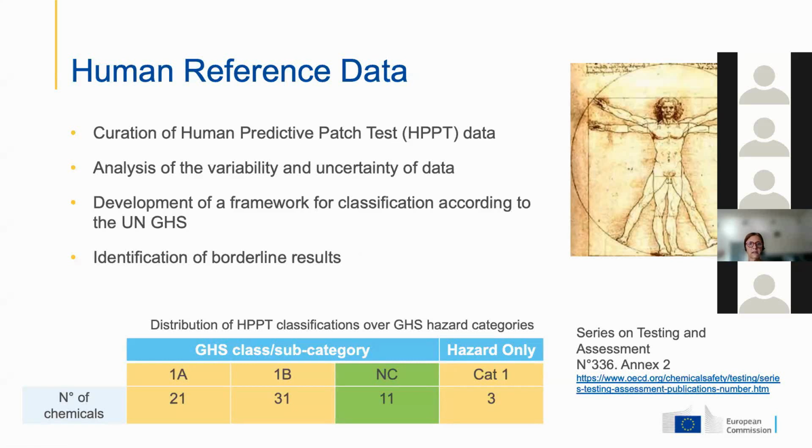And this was consistently applied to all the studies, including considerations of the borderline results. The review of the human data resulted in 63 chemicals with reliable GHS potency categorization, and three test chemicals that were only used for assessing the performance for hazard identification, because once again, for these 3 chemicals, a GHS subcategory could not be assigned with sufficient confidence.